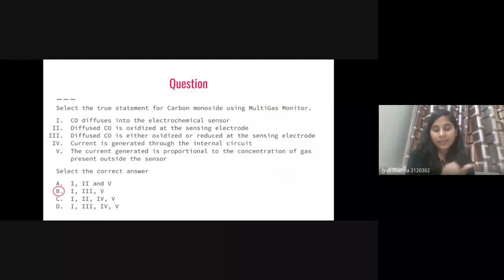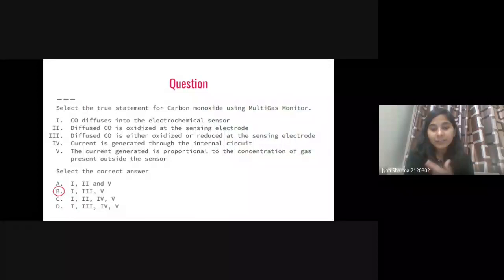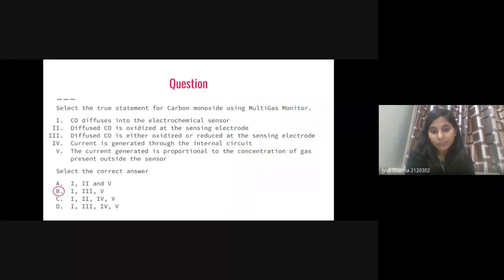So we will use the external circuit for the current, and at either electrode there may be oxidation and reduction, and the current that will flow will determine how much concentration we have of the carbon monoxide. So this is the basic thing that we exploit, and we are utilizing right now under this multi-gas monitor, and that's how we are measuring carbon monoxide using the multi-gas monitor.